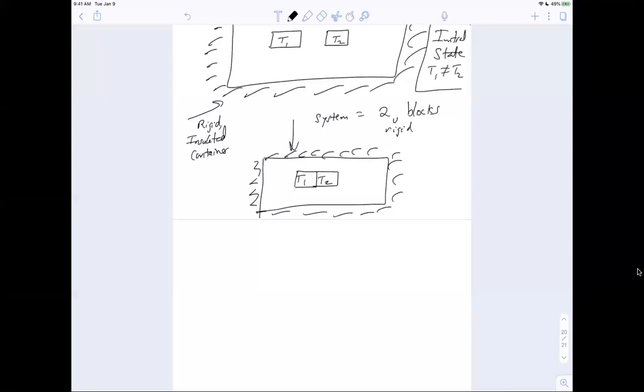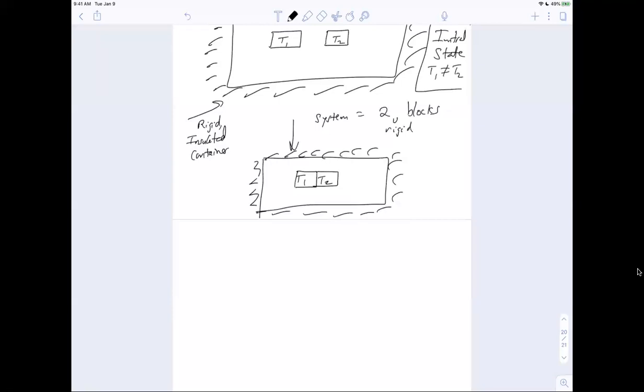So before we begin our analysis of this entropy, what kind of a process is this when we bring the two things together and there's heat flow? They start at T1 and T2, you bring them together, they go to some other final temperature, T final, but you'll never see them go back to T1 and T2.